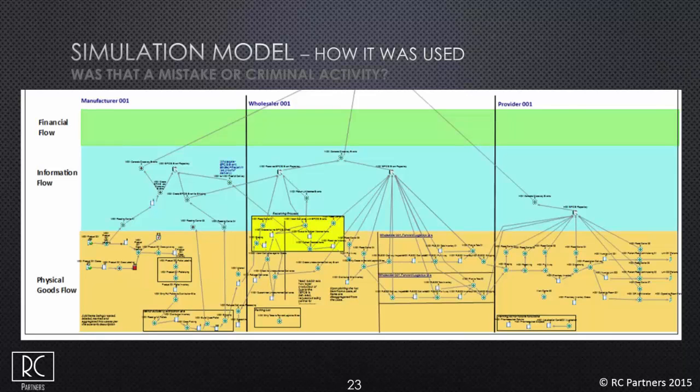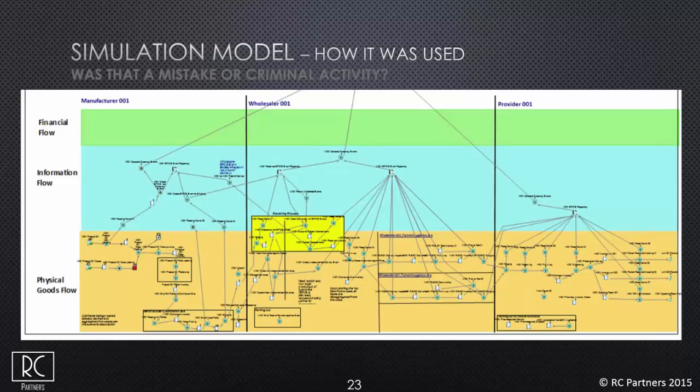From the input to the simulation, we could turn those examples on or off. So we can introduce a counterfeiter into the simulation. At any given time as the simulation was running, we could pause it, turn the counterfeiter on, have them inject counterfeit product into the simulation, see how the trading partners reacted to that, and then look at the data.